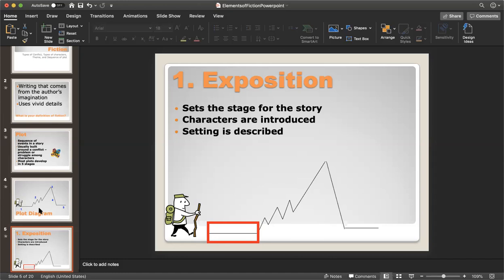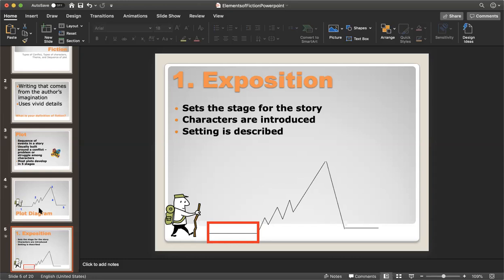It's the very beginning. So if I were hashtagging this, I'd probably put hashtag beginning. We are given the information we need to know what is important for the rest of the way. It's setting all the pieces up.